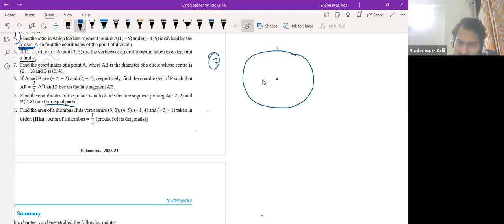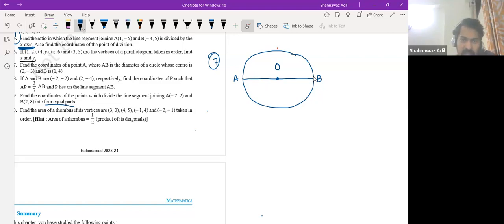We have a circle and the diameter. So the diameter passes through the center, right? And these are the two extreme points. So the center would be the midpoint of AB, right? Right, guys?